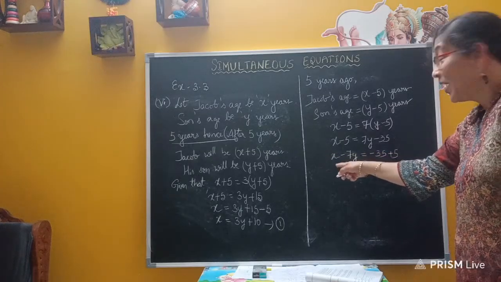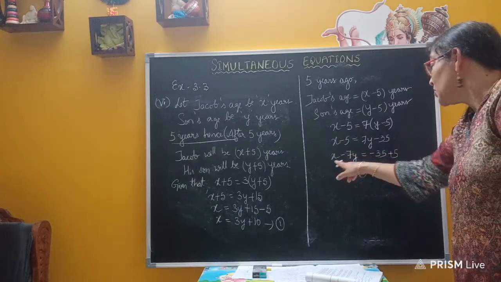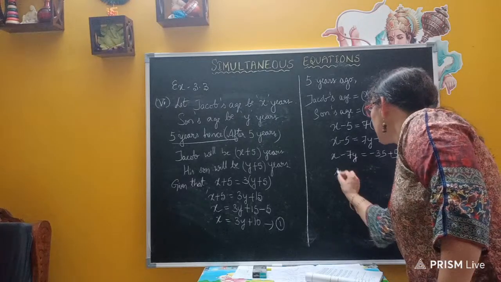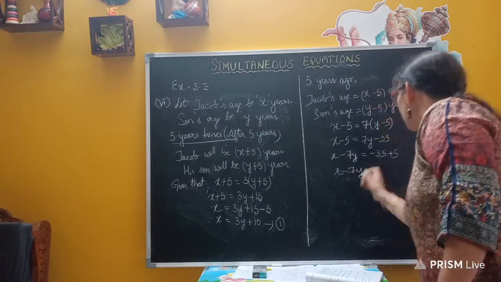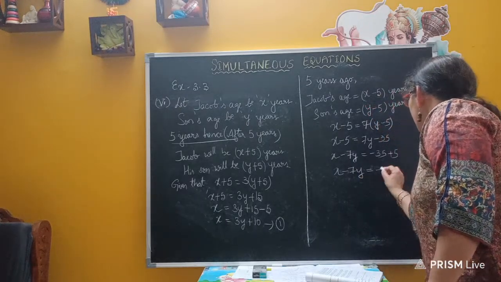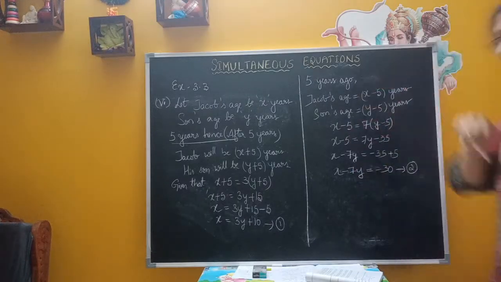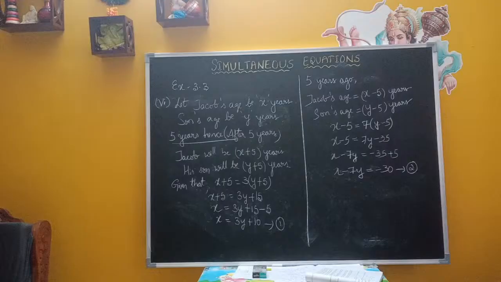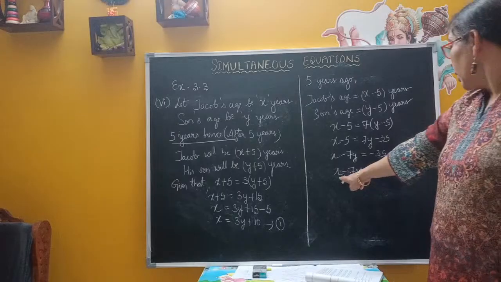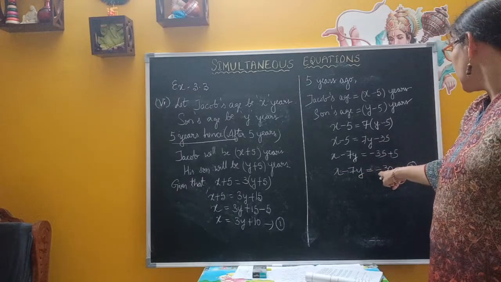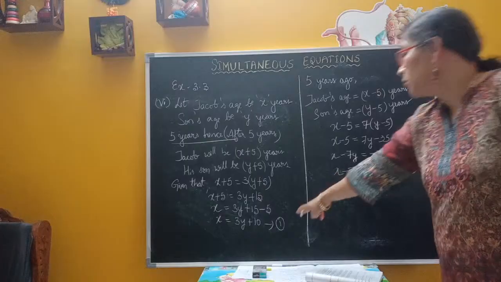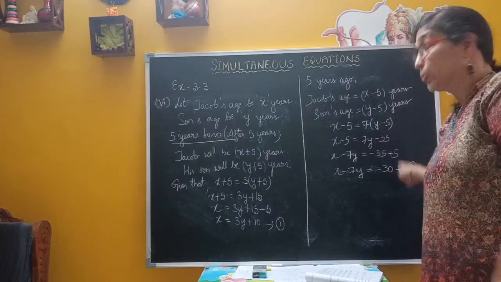Sorry, here I have taken the same variable. So x minus 7y is equal to minus 30. This is equation 2. So now what to do? x minus 7y is equal to minus 30. Let us substitute equation 1 in equation 2.